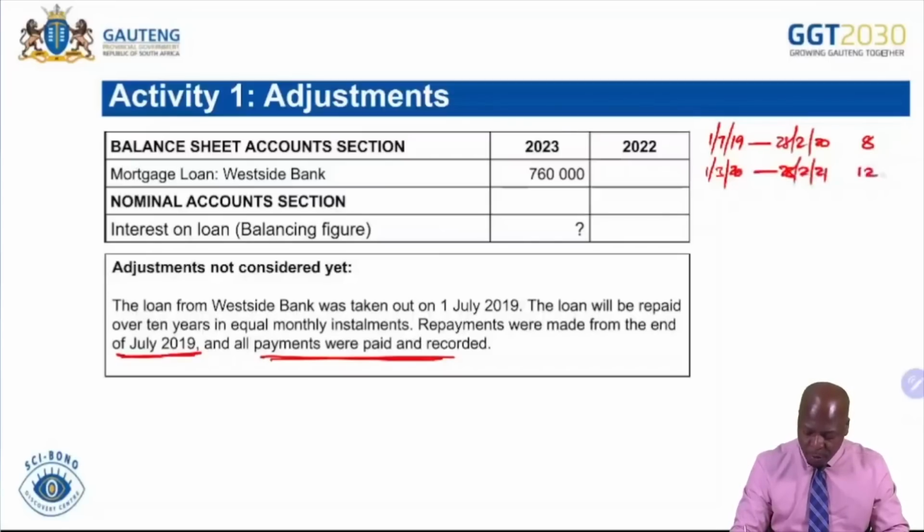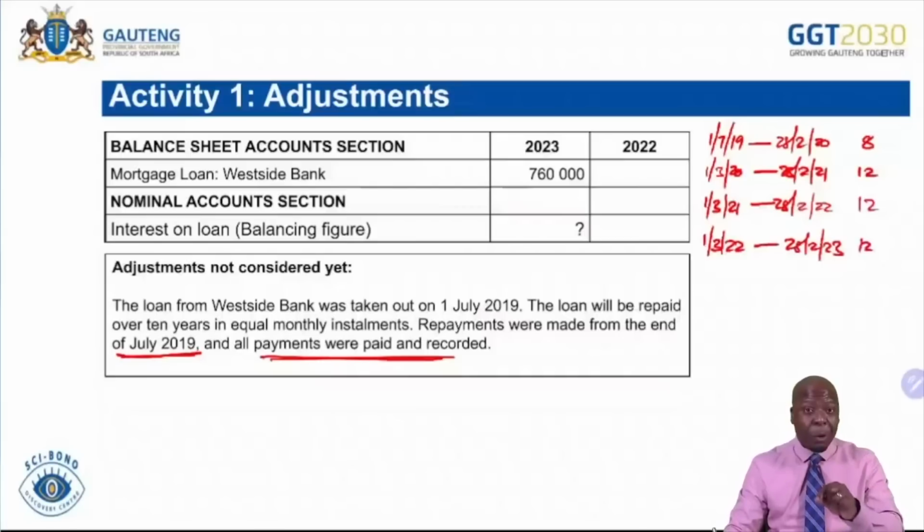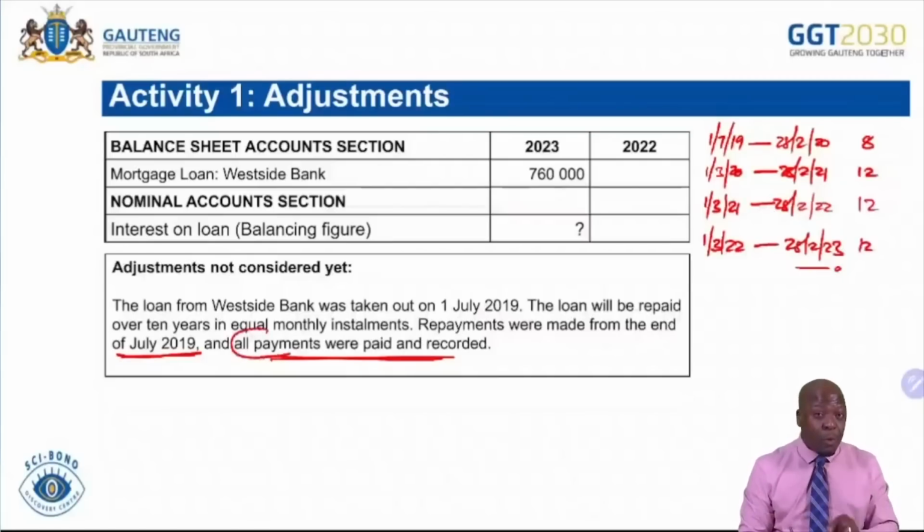That is going to be 12 months. Then the next one is going to be from the 1st of March 2021 until 28 February 2022. That is another 12 months. And then again from the 1st of March 2022 until 28 February 2023, 12 months until now. So this February is now. And we are told that all payments, including this month of February, have been made.